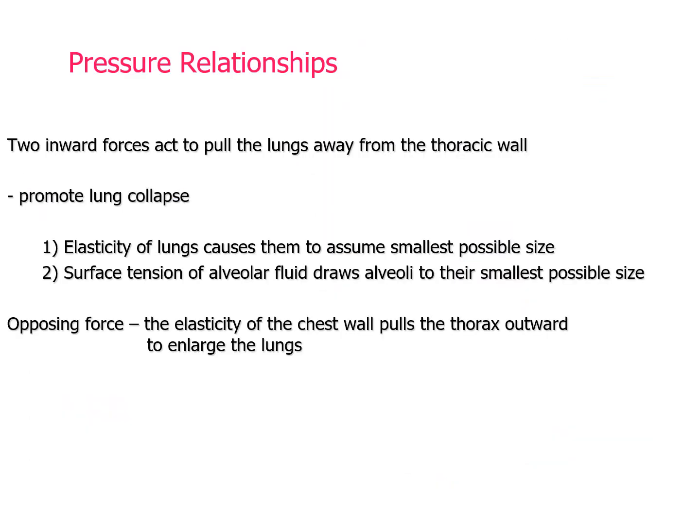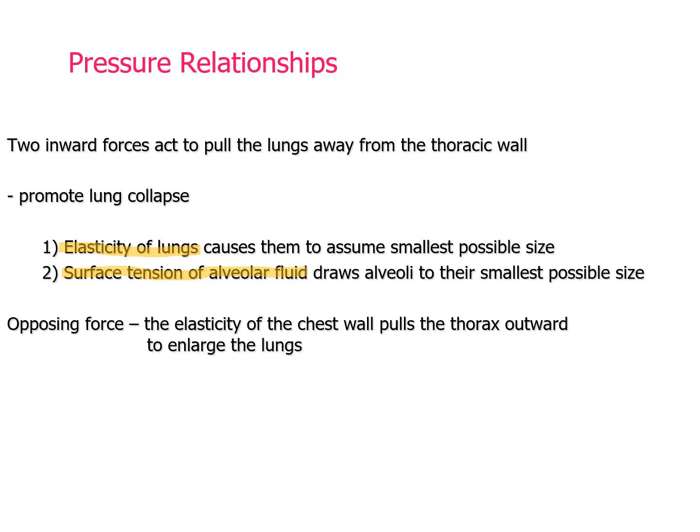So, in terms of inward forces acting to pull lungs away from the thoracic wall, forces that promote lung collapse, you have the elasticity of the lung, tending to pull them towards the smallest possible size, and you also have the surface tension of the fluid on the inner lining, on the inside space in the alveoli, also tending to pull them towards their smallest possible size.